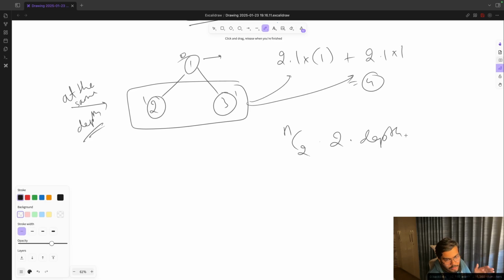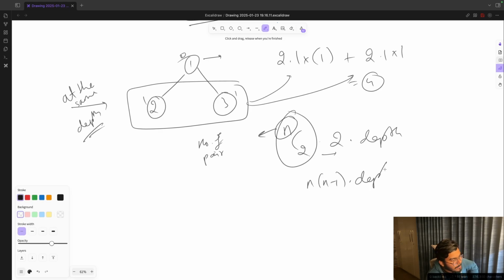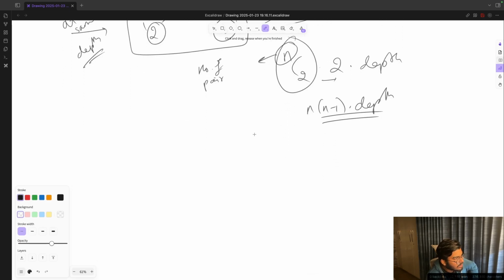So you can go from level 0 to the maximum level, and for every level you need to calculate the number of pairs at that level. This is basically the number of pairs at each level times 2, so it will be equal to n times n minus 1 times depth. So you will need to subtract this from your answer.